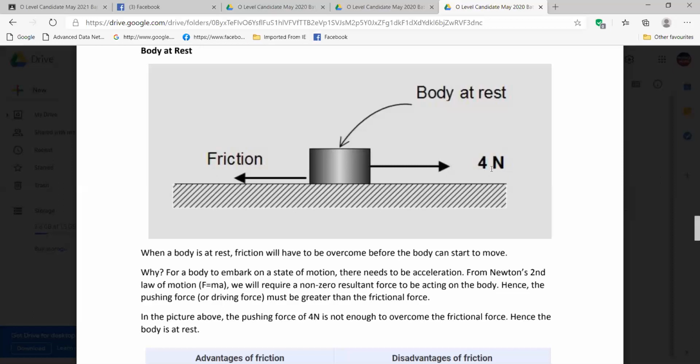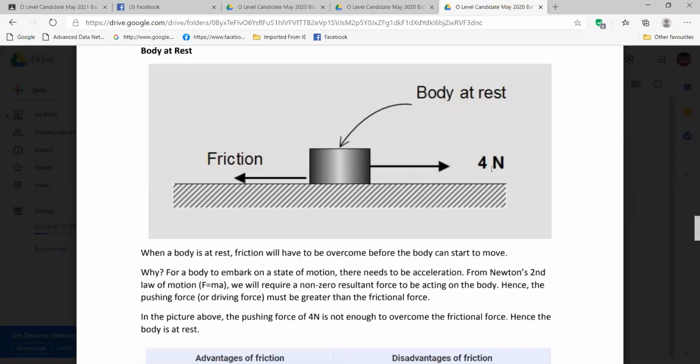If they are balanced, that means their resultant force is zero, so they will be at rest. As it was before at rest, it will be at rest. It was not in motion. Clear now? Yes.